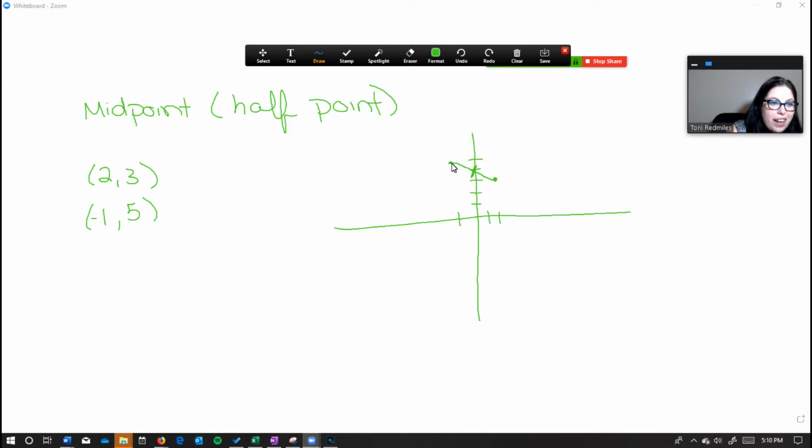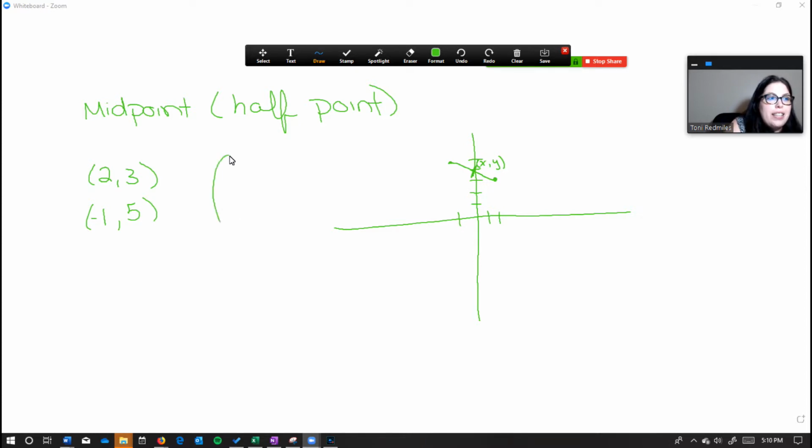In order to do that, I need to find the average of my x values and the average of my y values. They come up with a formula, and all it is is average. All you're doing is the same thing you would do finding the average of a data set.